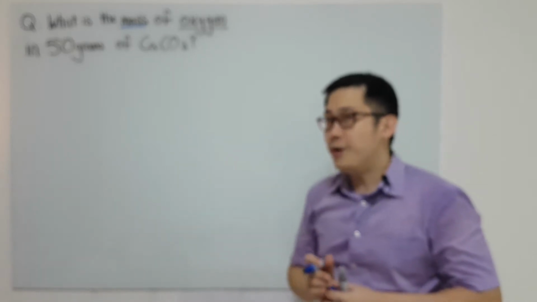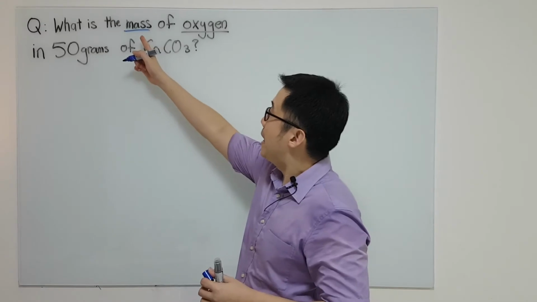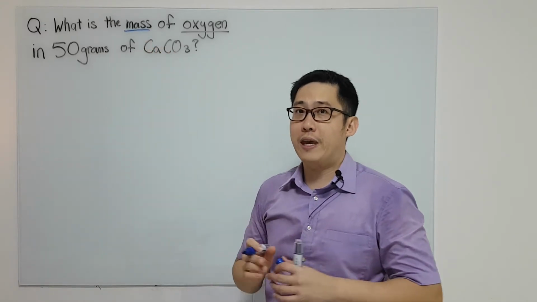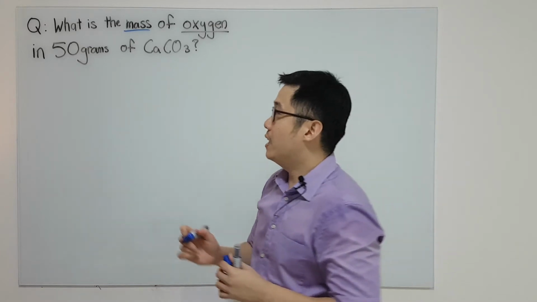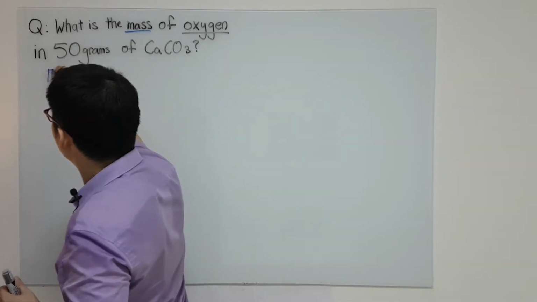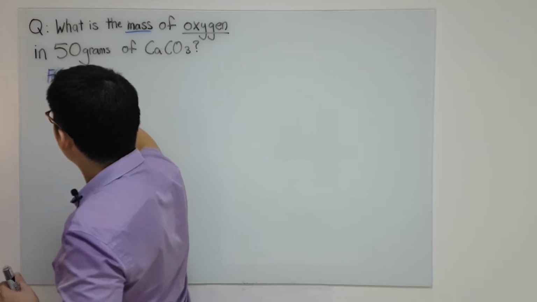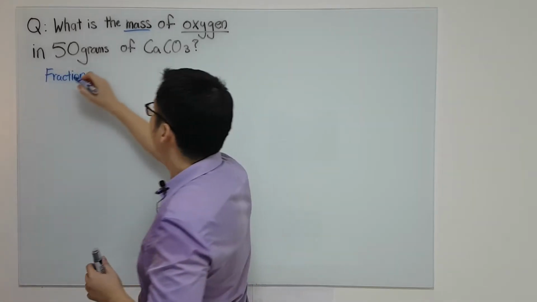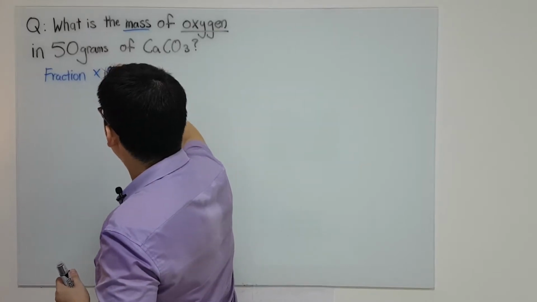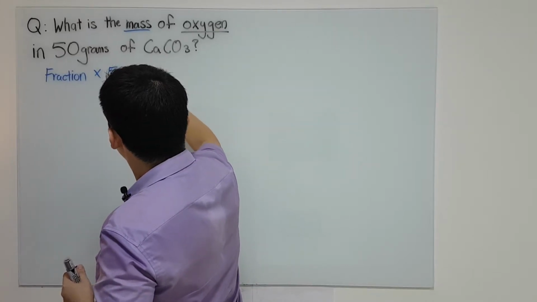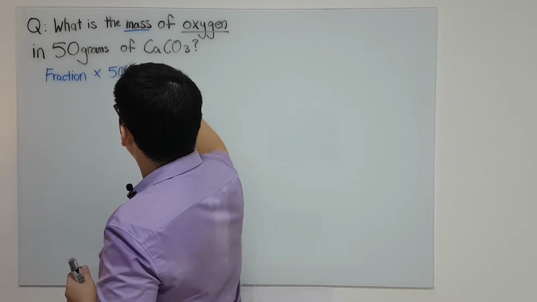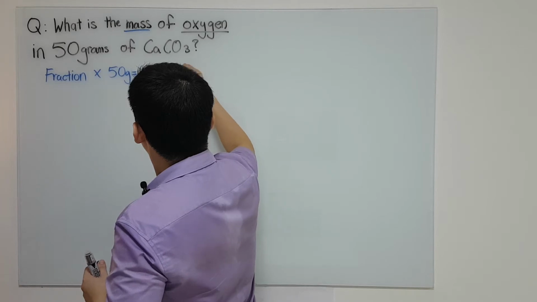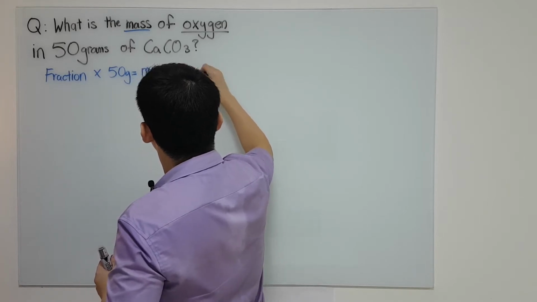Students, you will agree with me that in order to find out the mass of the oxygen in 50 grams of calcium carbonate, you most likely will need a certain fraction. If you take this fraction and multiply it by 50 grams, you will be able to get the answer, which is the mass of oxygen.